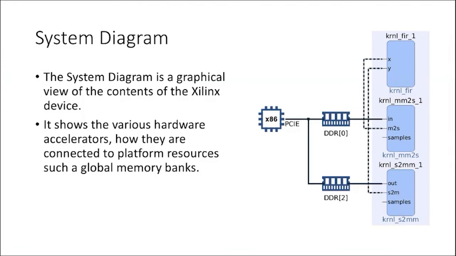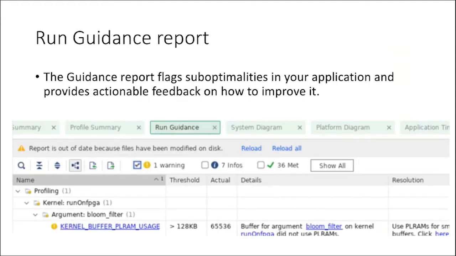The system diagram is just a graphical view of the content of a Xilinx device, like the right-hand part. It shows the block diagram of each component and how it's connected to the ARM or x86 processor. The run guideline report shows some warnings or suggestions to improve our code.